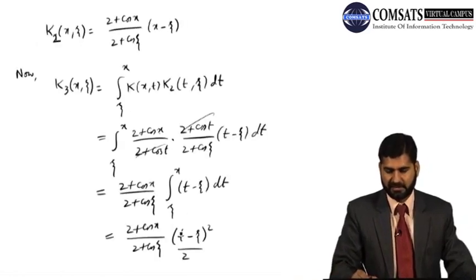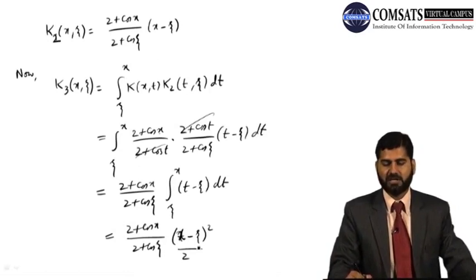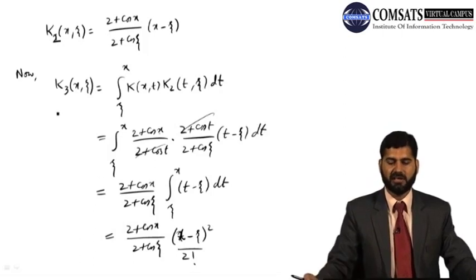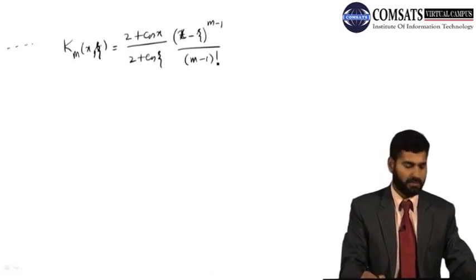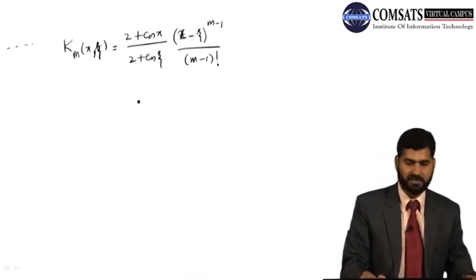It's x, not t. So (x minus xi) squared by 2 factorial is coming for 3. So it's 1 less. This will be your kernel.